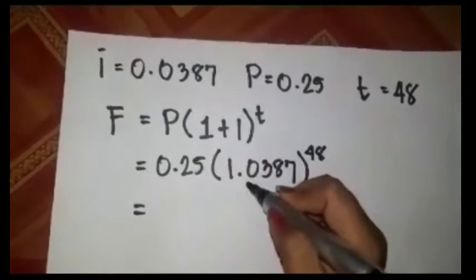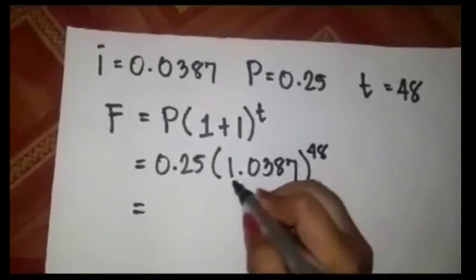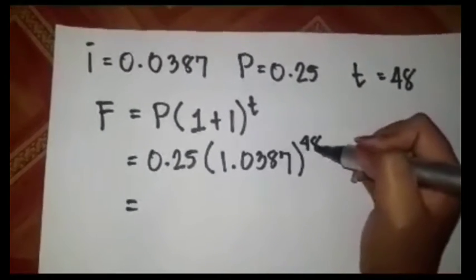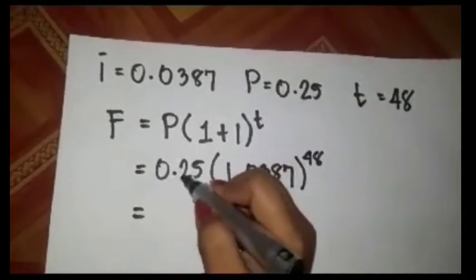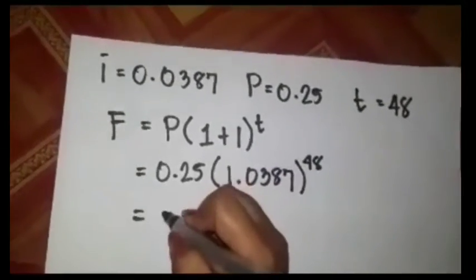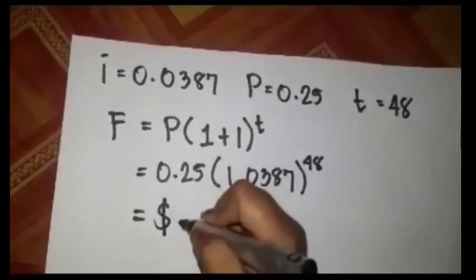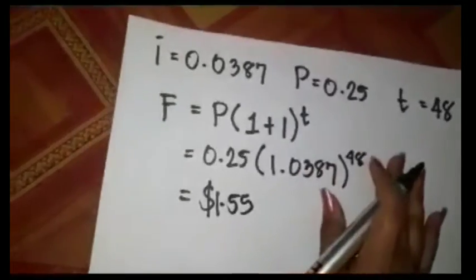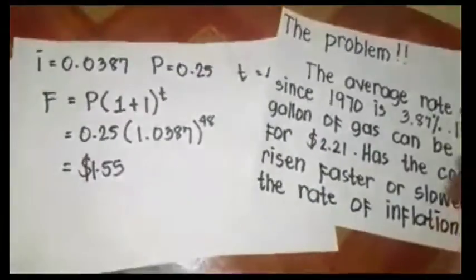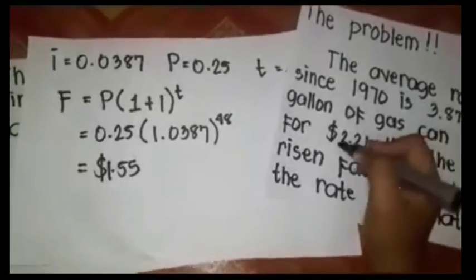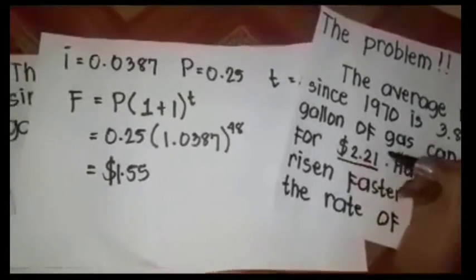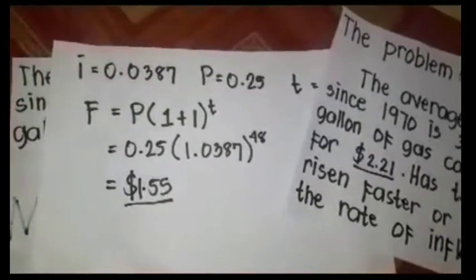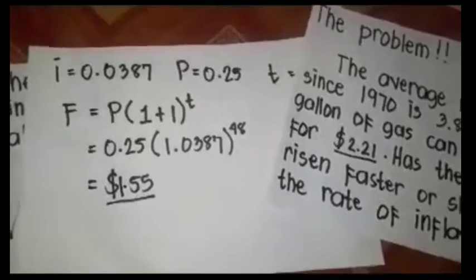We have to multiply 1.0387 by itself 48 times, then by 0.25, which is equal to 1.55. Because the current price of $2.21 is greater than 1.55, the cost of gas has risen faster than the inflation rate.